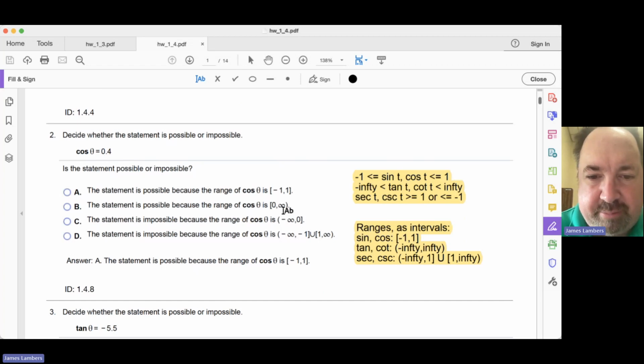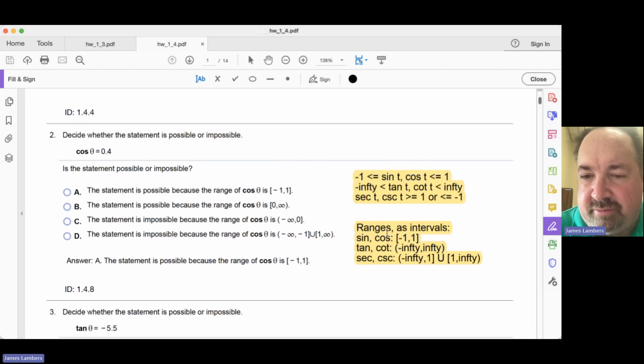But here in the problem, the ranges are specified using intervals, and that's what I've done for you right here. We may not have seen this before, but the way we specify intervals, we use square brackets to indicate that an endpoint value is included. We use parentheses to indicate that an endpoint value is not included.